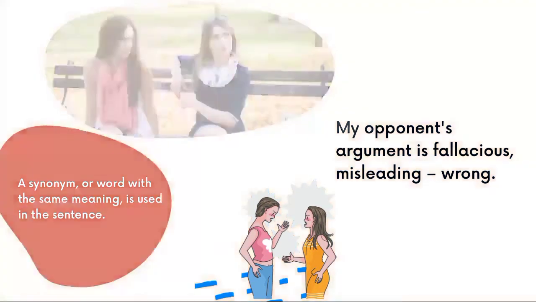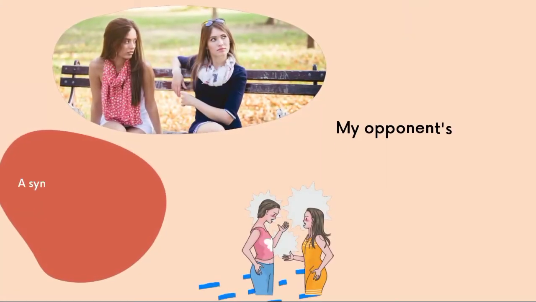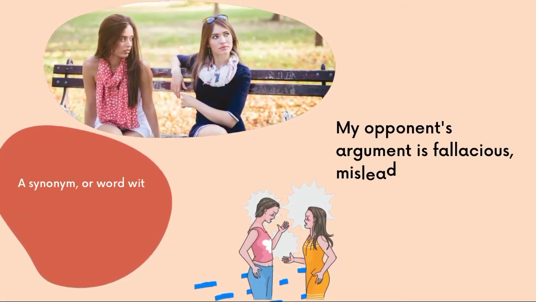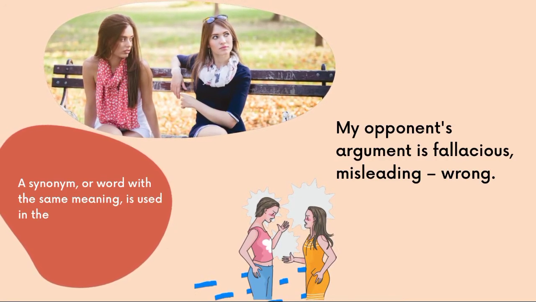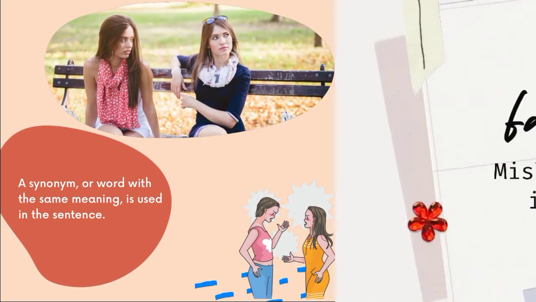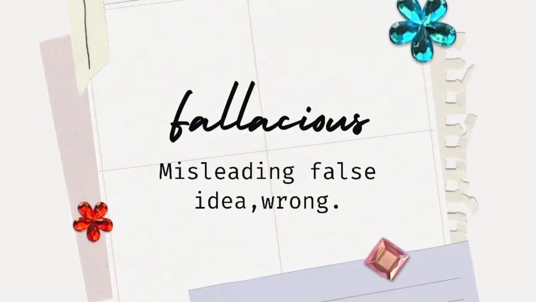For example, my opponent's argument is fallacious, misleading, plain, wrong. Now if I don't know the meaning of fallacious, I would know that fallacious is not really a good thing because of the synonyms that are close to the word: misleading, plain, and wrong. Okay, so that's a synonym type of context clue.